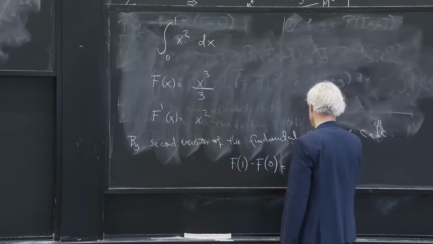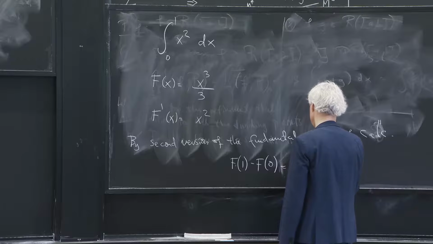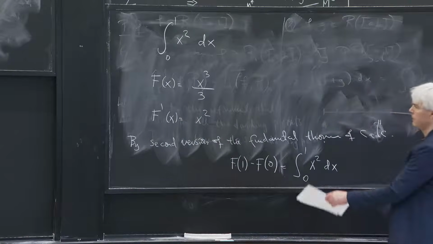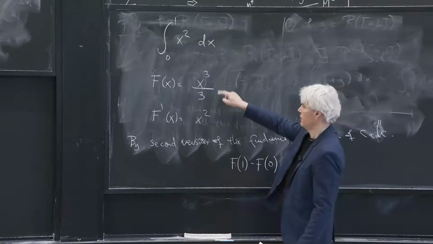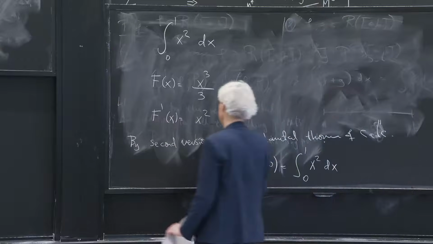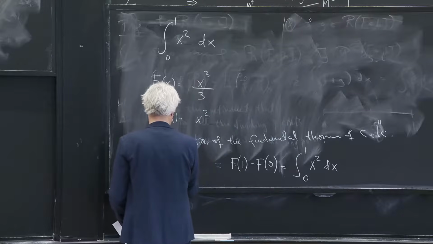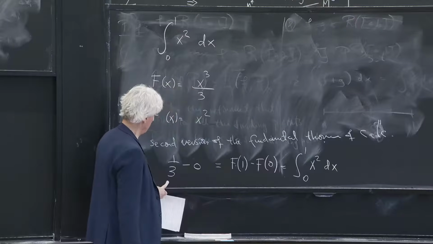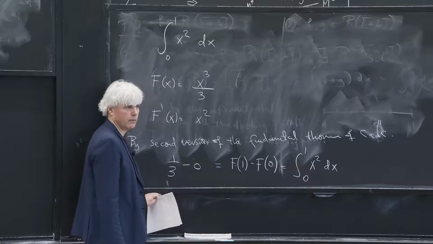So the integral from 0 to 1 of x squared dx. But this here is now just evaluating this function. So this here is 1/3 minus 0. So this original integral is 1/3.